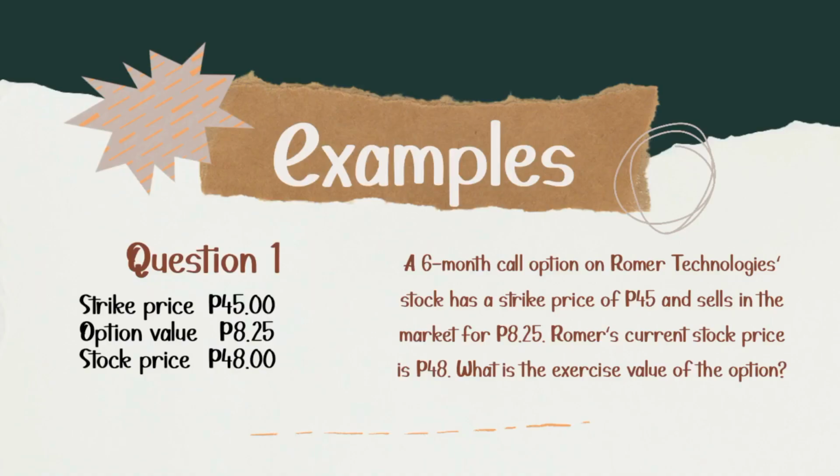So first, we have the example. Number 1, a 6-month call option on Ramer Technology stock has a strike price of 45 pesos and sells in the market for 8.25 pesos. Ramer's current stock price is 48 pesos. What is the exercise value of the option?